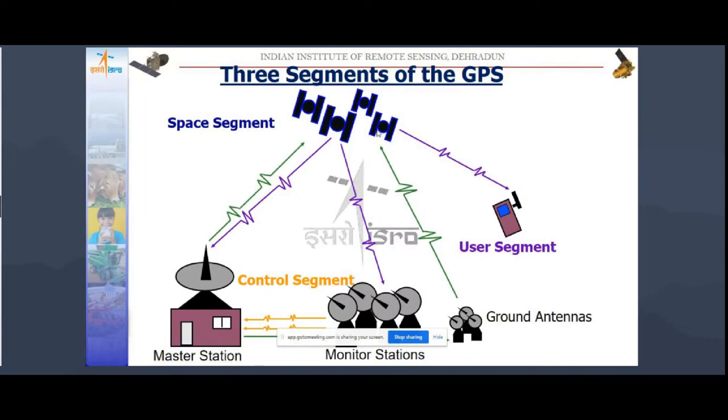These monitoring stations collect that information and send it to the control segment, the main station called the master station. Master station will process that information and tell how much correction is required in a particular satellite. If the satellite is revolving in the correct path, then correction is not required, and it will assess whatever is related to the satellite.